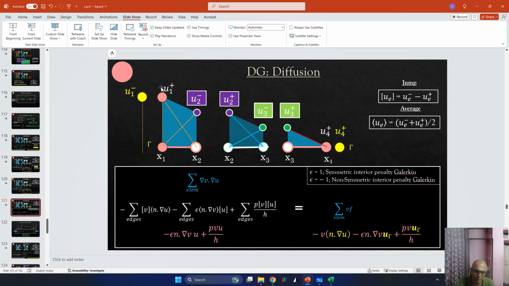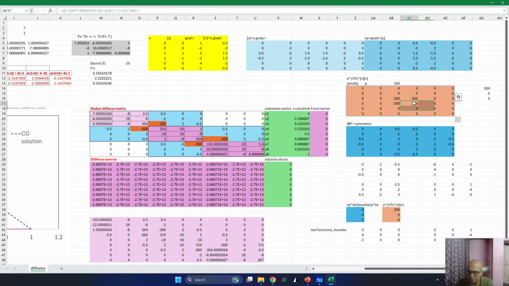In this case, I'm only looking at the boundary condition for this term, because this guy is just 0. So the force vector is anyway 0. For this case, we are looking at the boundary condition for this u1. So this would just be this guy here.